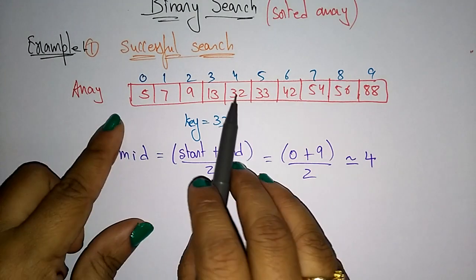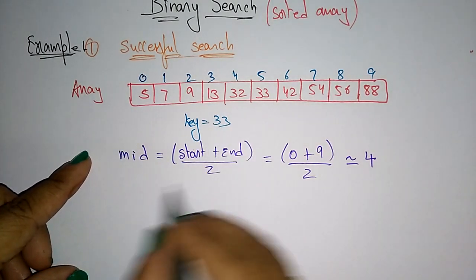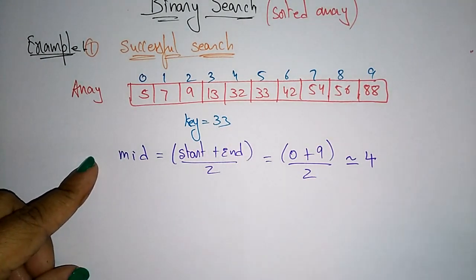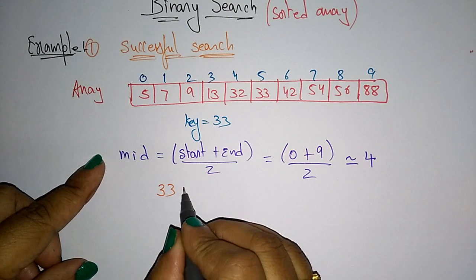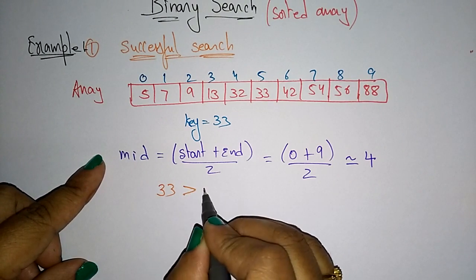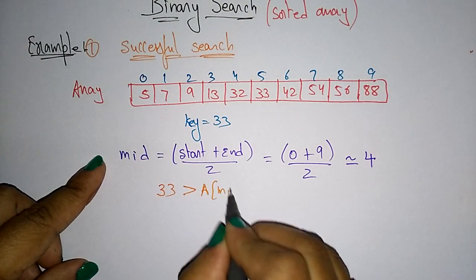So mid is 4. Here you have to check whether the search key 33 is greater than A of mid.